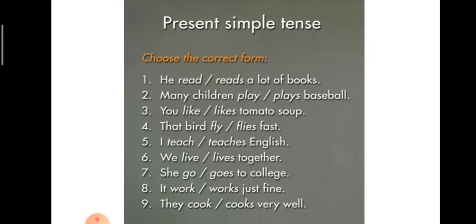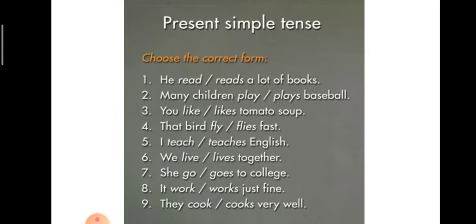Fourth one: That bird fly or flies fast. Fifth one: I teach or teaches English. Sixth one: We live or lives together.